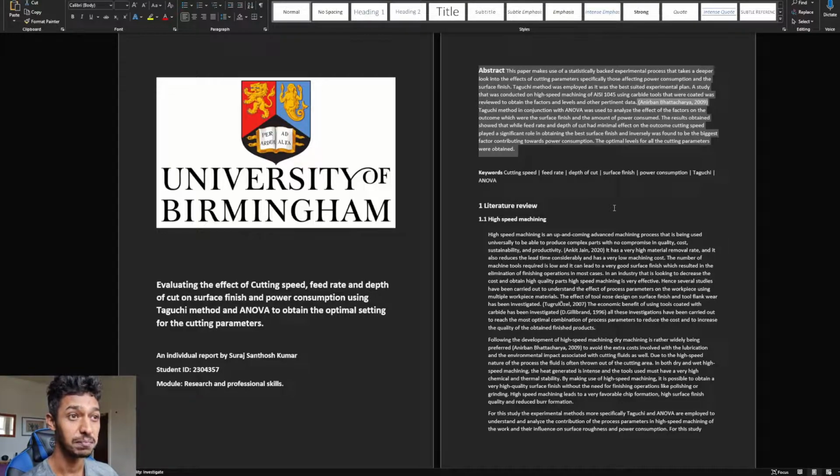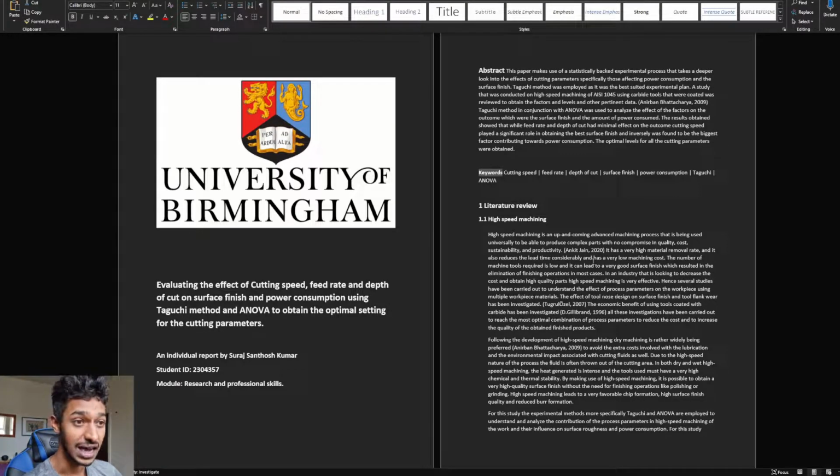So it should be punchy and it should contain all the details that are required for a person to decide whether it's going to be worthy of their time to go through the entire paper. And if you make this good enough, you get real good brownie points because the abstract is really important.